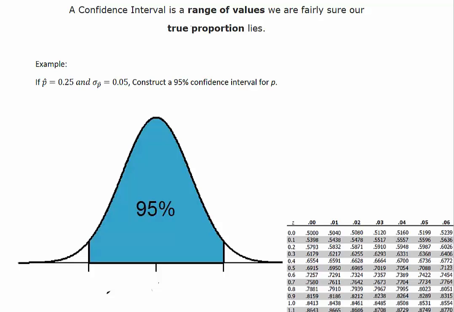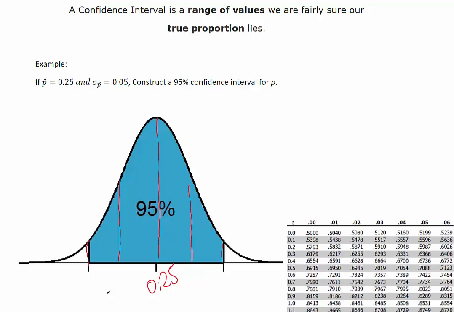So remember, for this curve, this is 95%, and this is supposed to be centered around your statistic. And 2 standard deviations above, combined with 2 standard deviations below, is your 95% confidence interval.